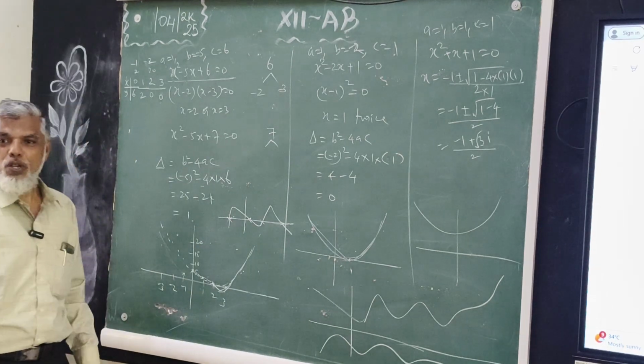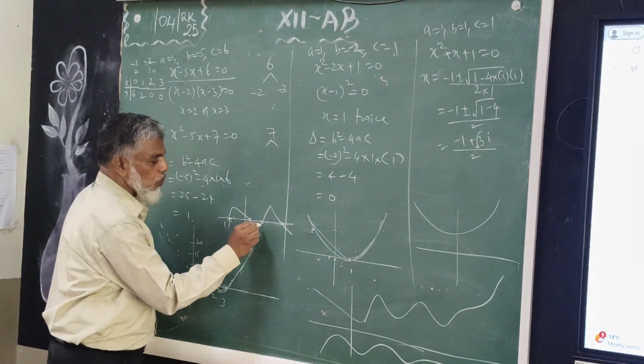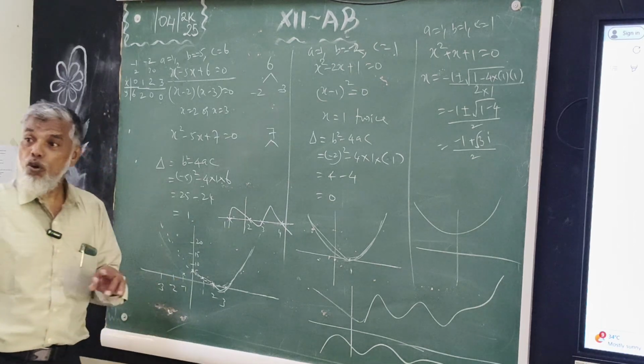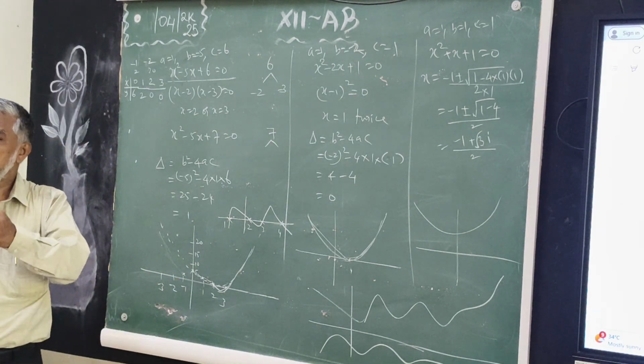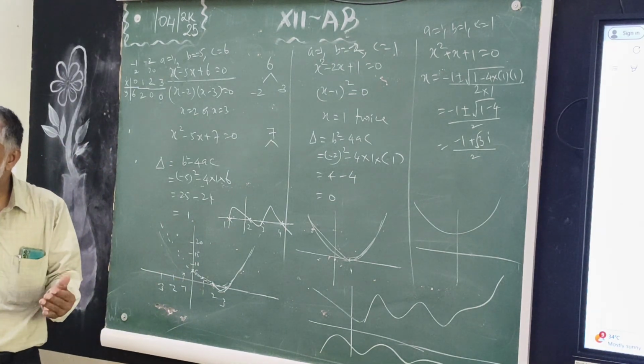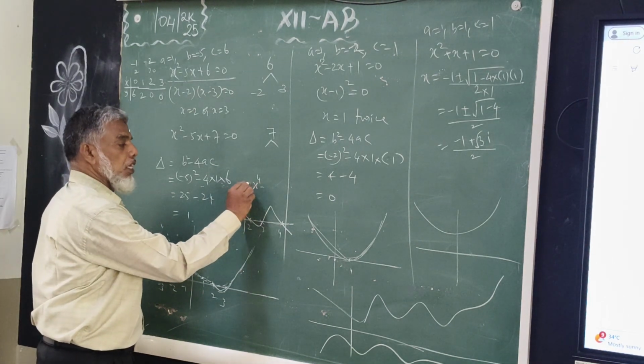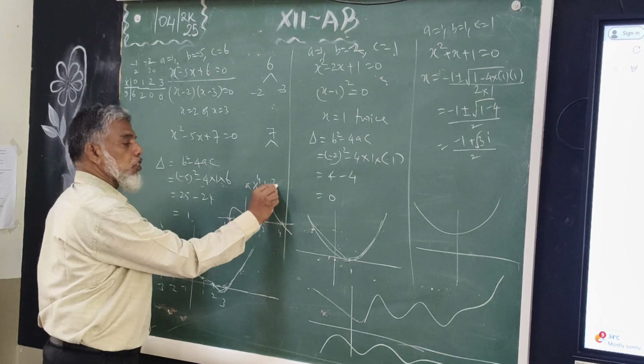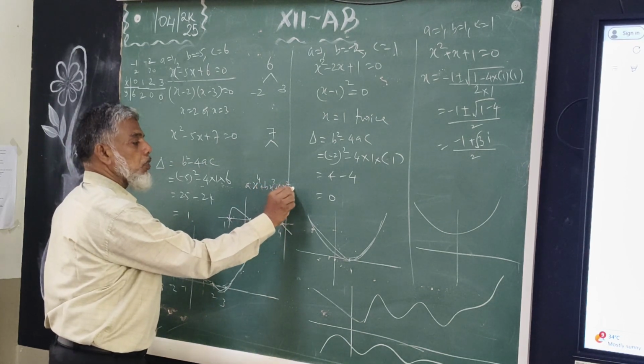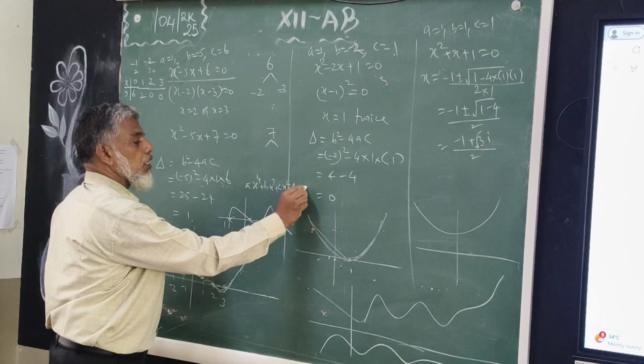How many roots? 4 roots: 1, 2, 3, 4. 4 roots means the degree of the polynomial is 4. So it will be a x power 4 plus b x cube plus c x square plus d x plus e equal to 0.